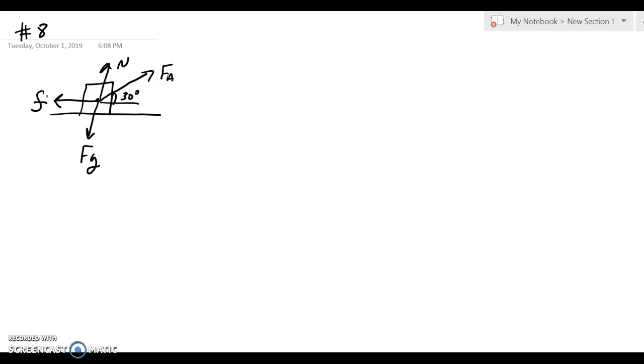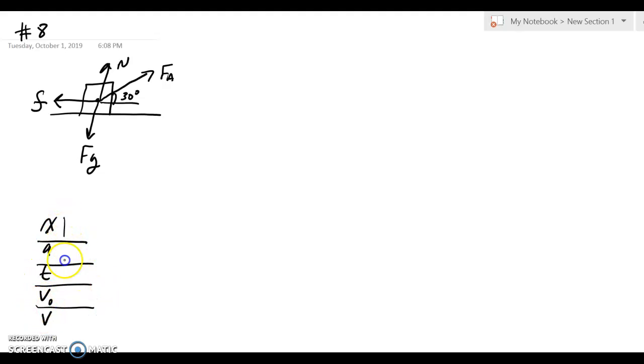This question wants to know how far the box moves in 3 seconds, assuming it started from rest. When you see problems that have velocity, seconds, distance, you should start thinking about using a kinematic equation at some point.